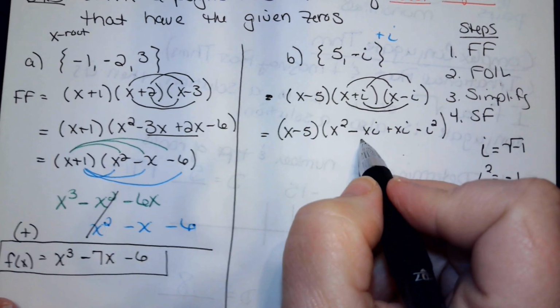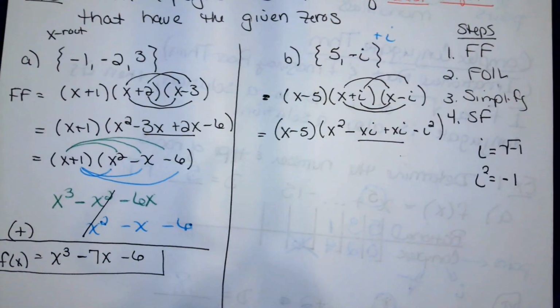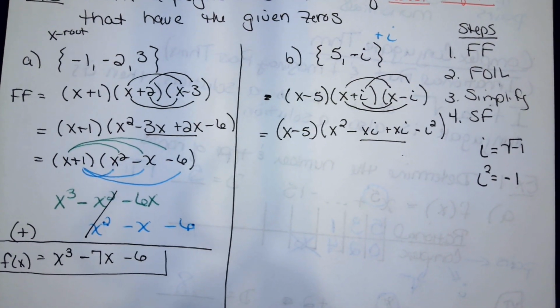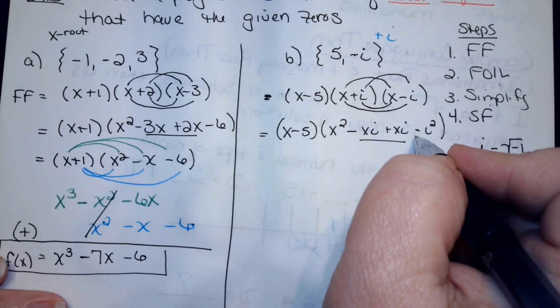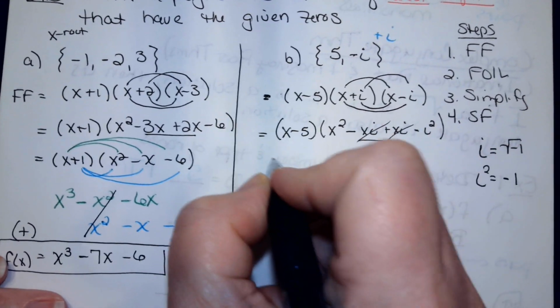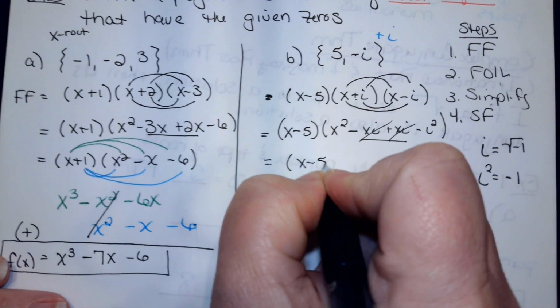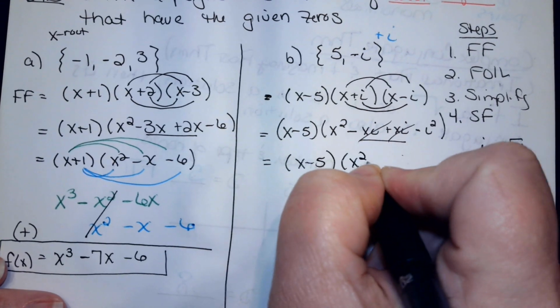What do you notice is going to happen to these middle terms? Right, they cancel out, because negative xi plus xi cancel out. So what we're left with is x minus 5 times x squared minus i squared.